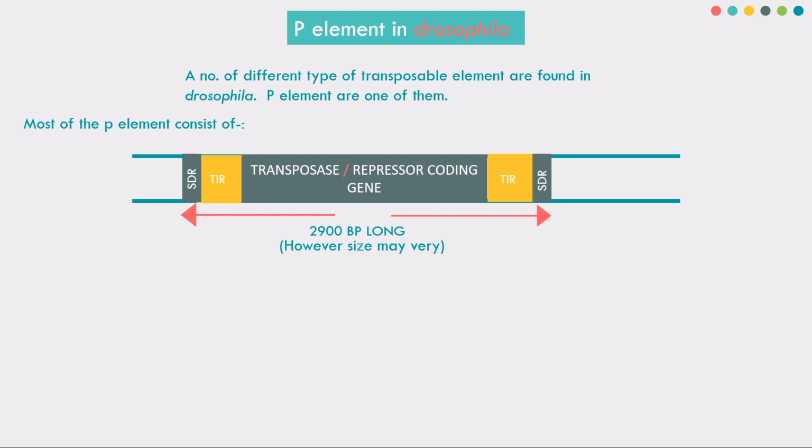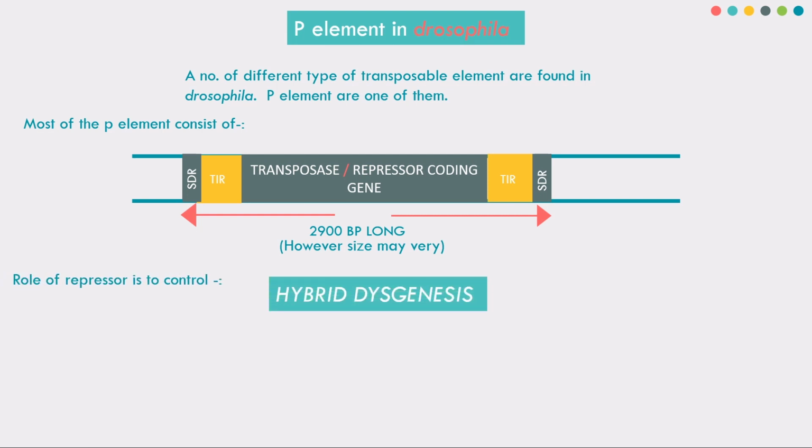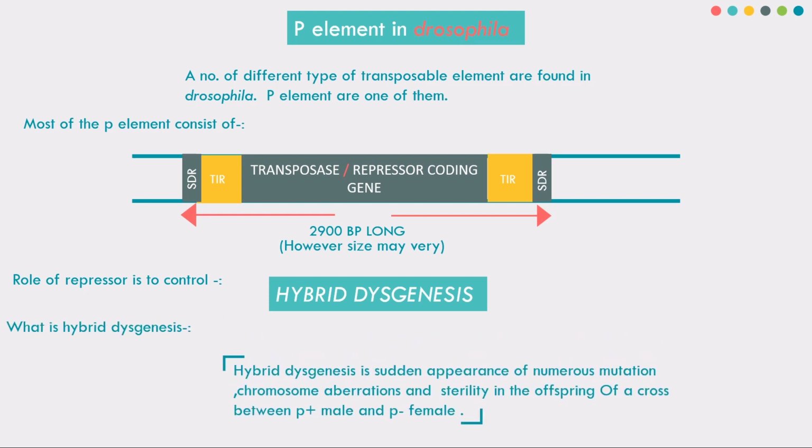What is the role of the repressor? What the repressor does is control hybrid dysgenesis. What is hybrid dysgenesis? Hybrid dysgenesis is the sudden appearance of numerous mutations or chromosome aberrations and sterility in the offspring of a cross between a P plus male and a P negative female.